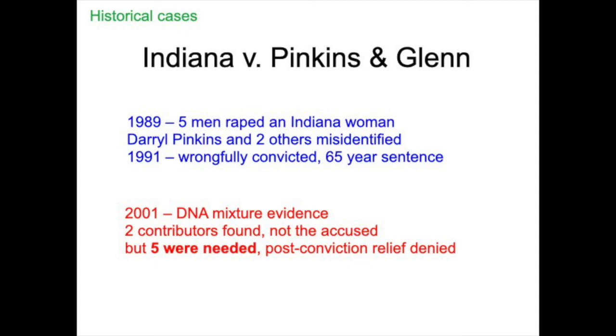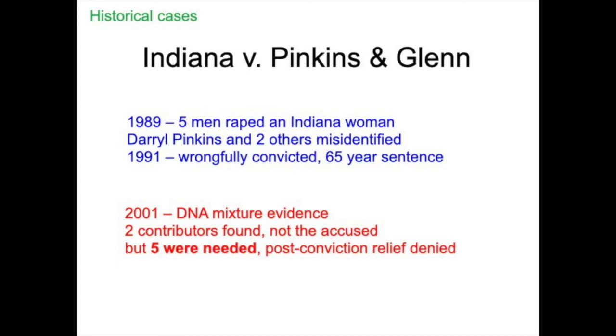In 1989, 5 men raped an Indiana woman on a highway in a series of bump and rob, bump and rape crimes that were escalating. Darryl Pinkins and Roosevelt Glenn and another man were misidentified based on clothing that had been stolen from their car. They were wrongfully convicted in 1991. Darryl was sentenced to 65 years in prison for a crime he did not commit.